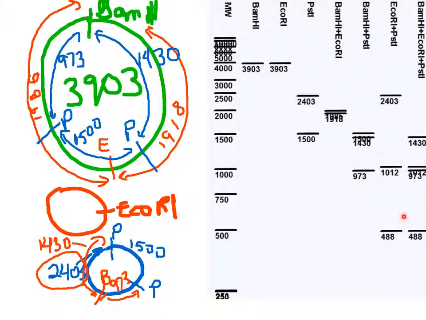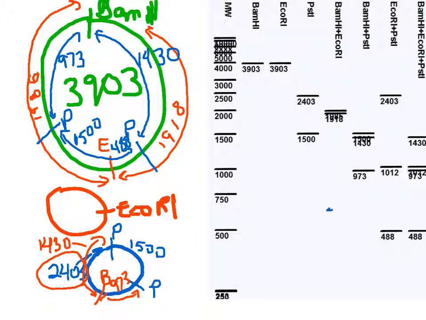It's in fact the 1500 base pair fragment, which is what we predicted from our map. So the 1500 base pair fragment is cut into a 488 and a 1012 fragment. So that suggests that this little piece between EcoR1 and PST1 is 488 base pairs.